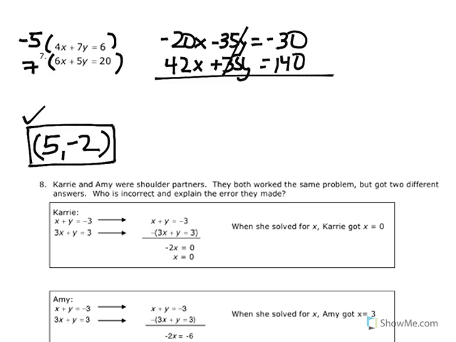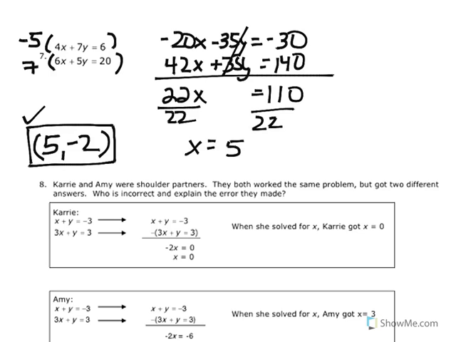These eliminate, and so we're left with 22x equals 110. Divide by 22, and x equals 5. Once I know that x equals 5, I'm going to plug that back in, and I used the top equation for this one. So I did 4 times 5 plus 7y equals 6. So 20 plus 7y equals 6, and I subtract 20.